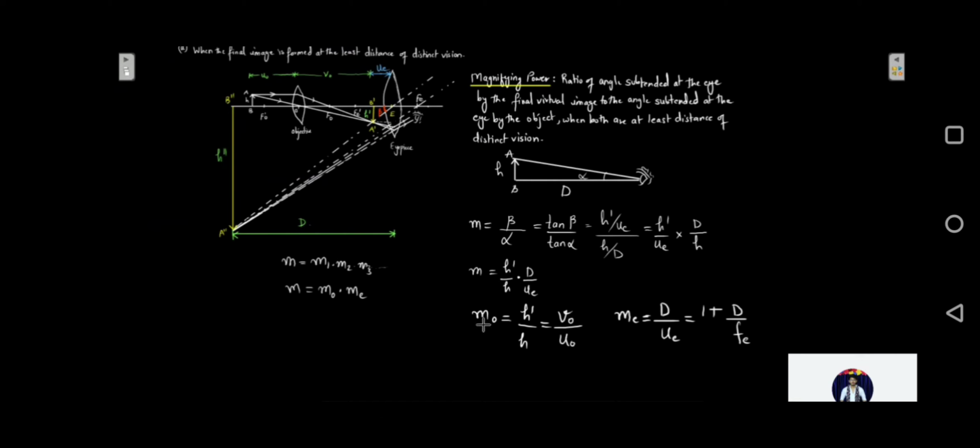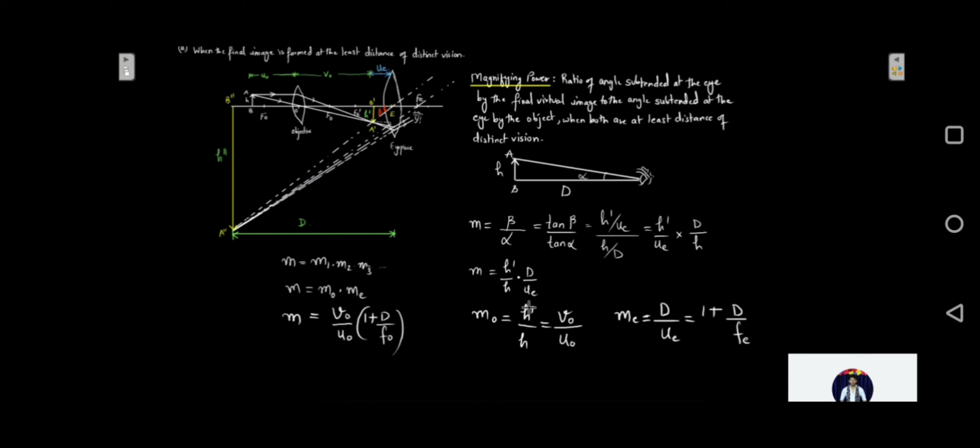So from this formula, what is going to be the magnification? It is nothing but v naught upon u naught, the magnification of the objective, multiplied by the magnification of the eyepiece, that is 1 plus D upon fe. So this is going to be the magnification using this formula.